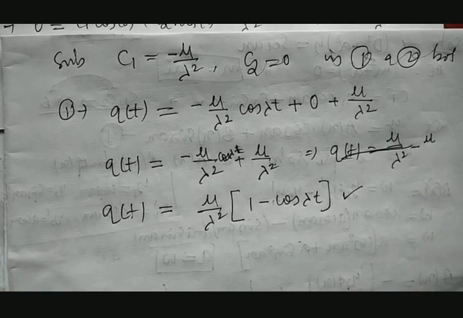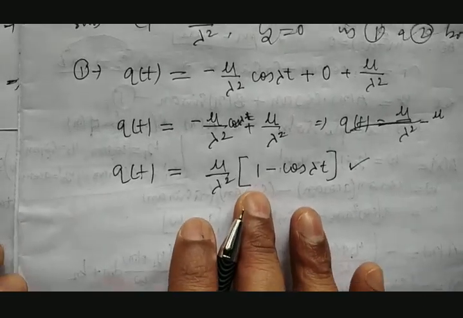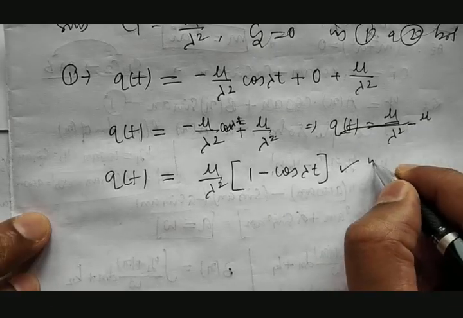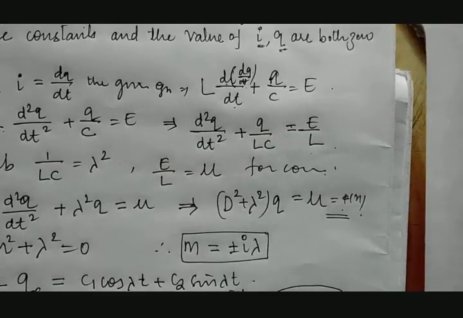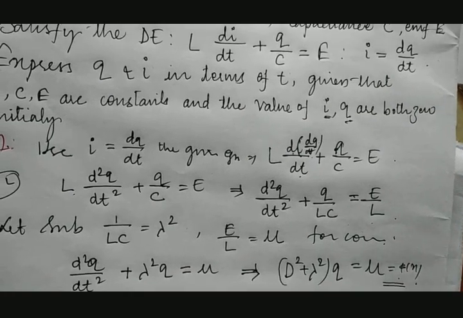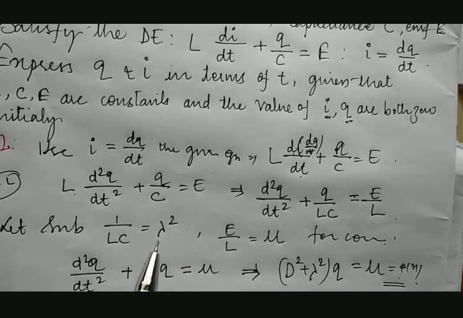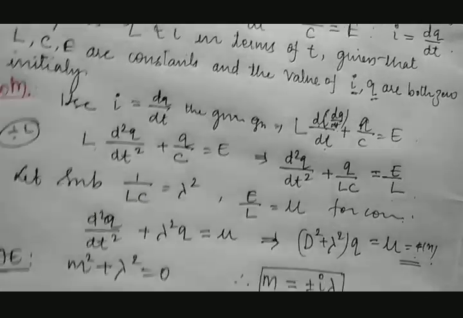Fine. But again we know that in the beginning we took substitutions where mu is nothing but E by L and lambda square is 1 by LC.